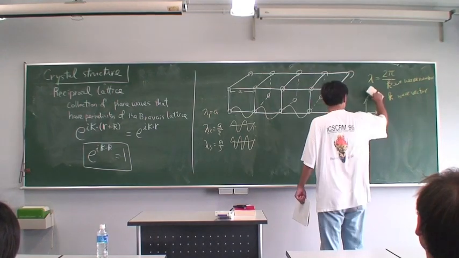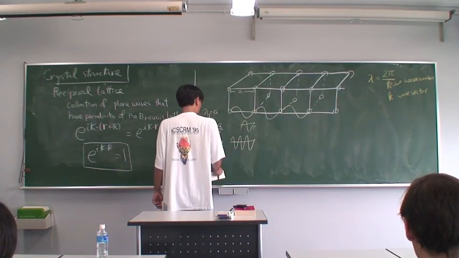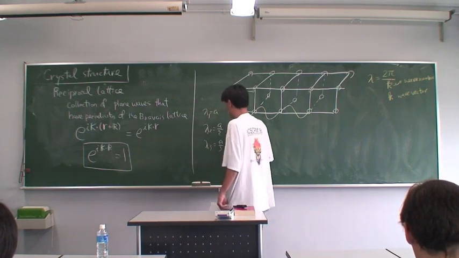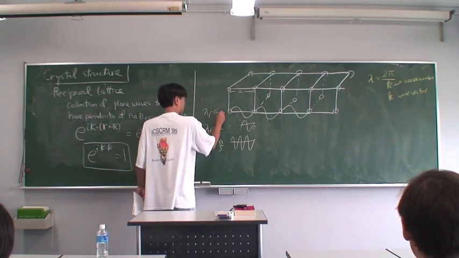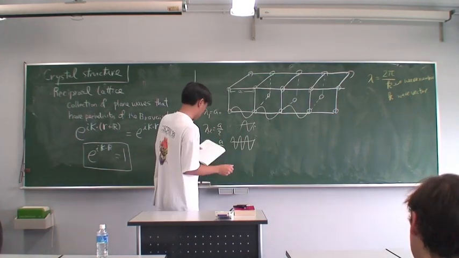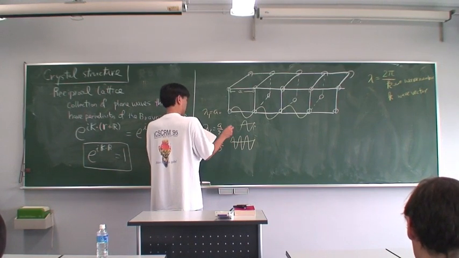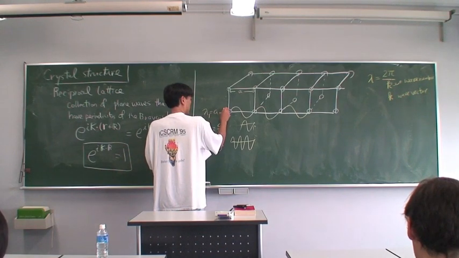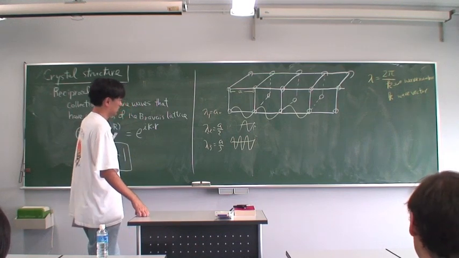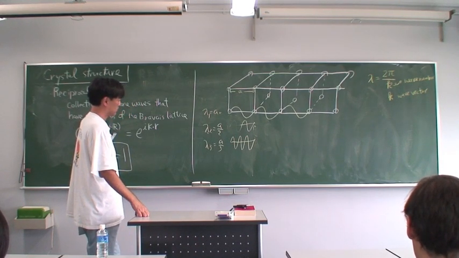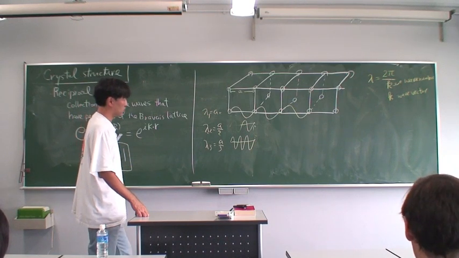So, for this, let me think. Lambda equals 2 pi over k.